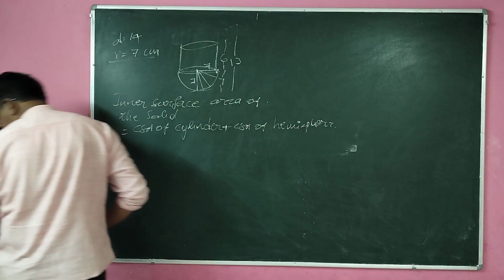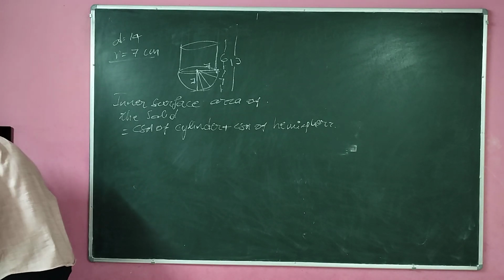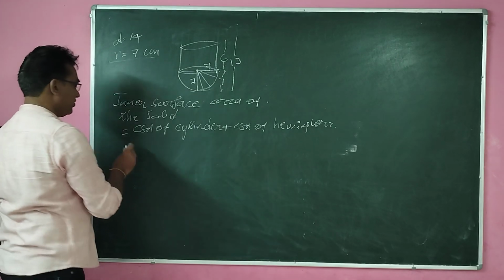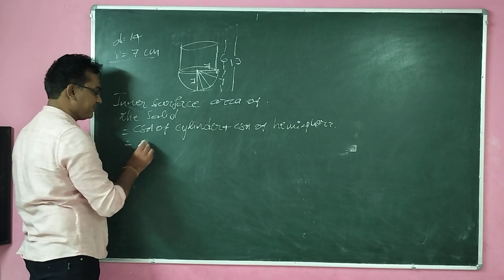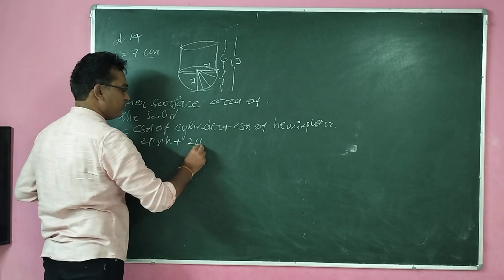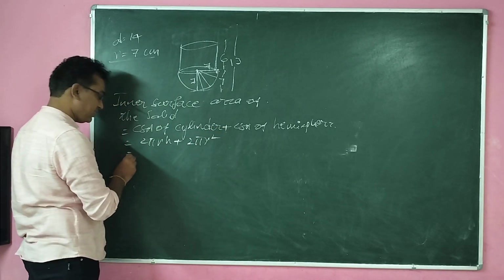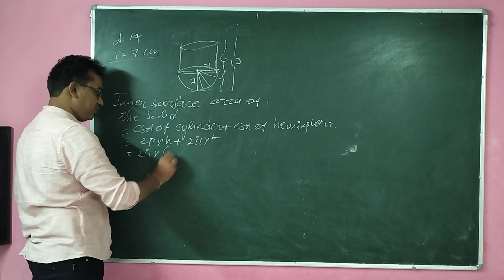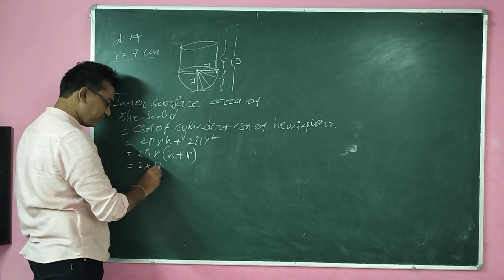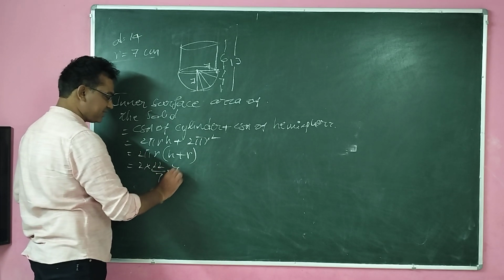CSA of cylinder formula I have just told you; don't look there. 2 pi r h. For the hemisphere the formula is 2 pi r square. What is common? 2 pi r, into h plus r. 2 into 22 by 7 into radius 7.